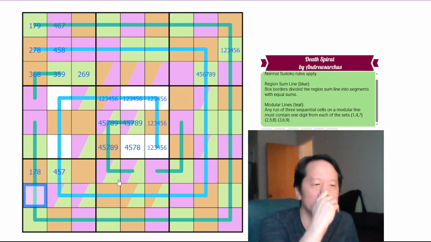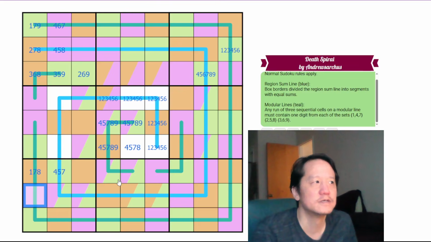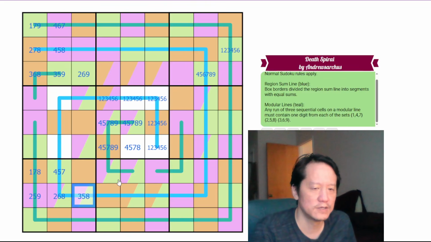For double 2 mod 3 to add up to 16, you have 2 5 9, 2 8 6, and 5 8 3.